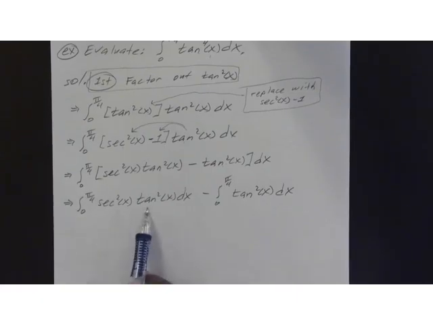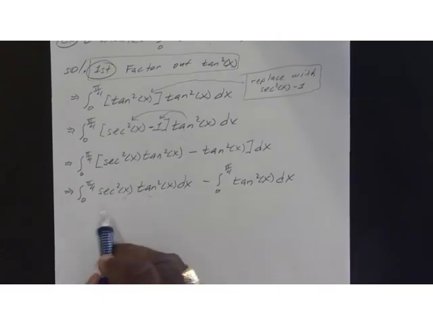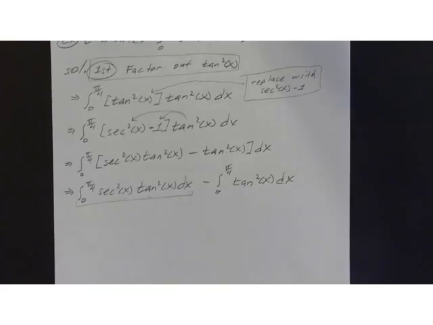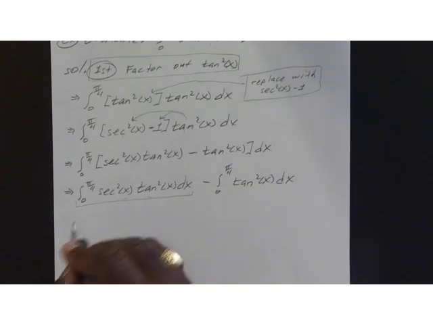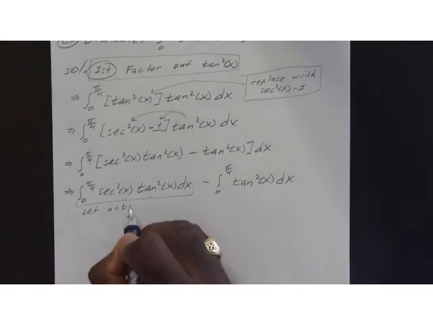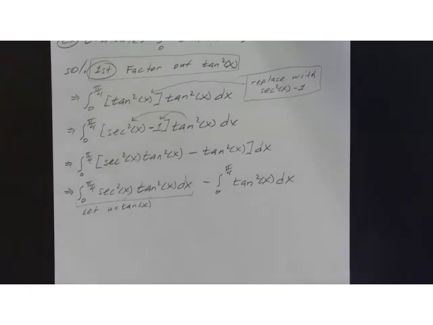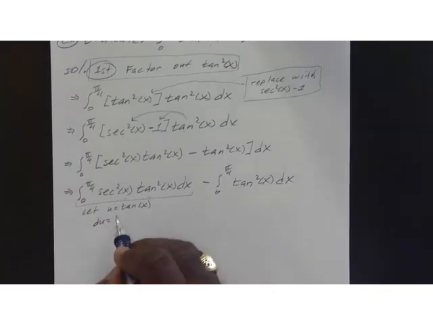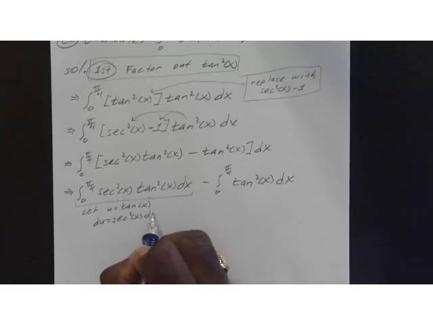We could actually switch these two around if you wanted to. You don't have to, but you can. Because for this one, we're going to let u equal tangent of x, which means our derivative of u is equal to secant squared of x with respect to x.